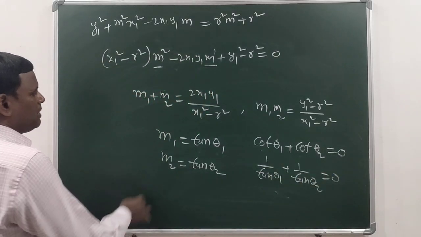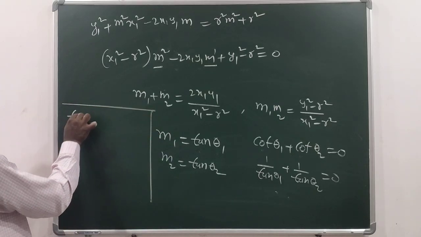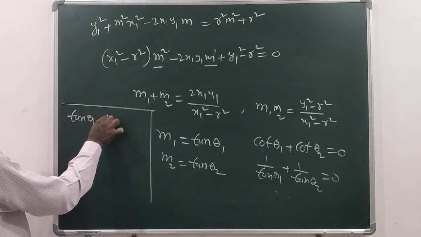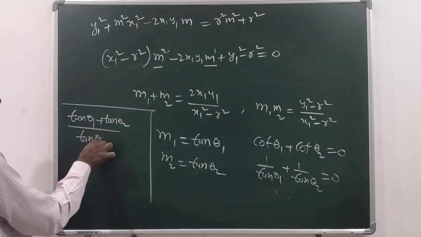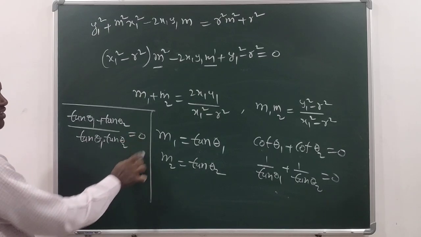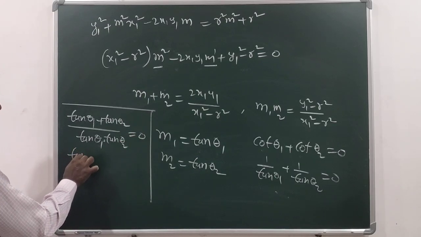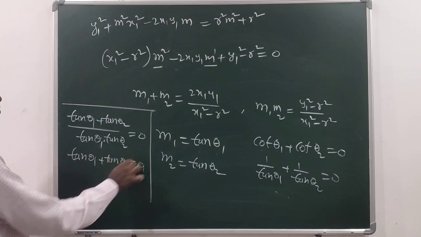If you take cross multiplication, what do you get? See here, tan theta 1 plus tan theta 2 whole by tan theta 1 into tan theta 2 equal to 0. Now transfer this one to the right side so that you will get tan theta 1 plus tan theta 2 equal to 0.